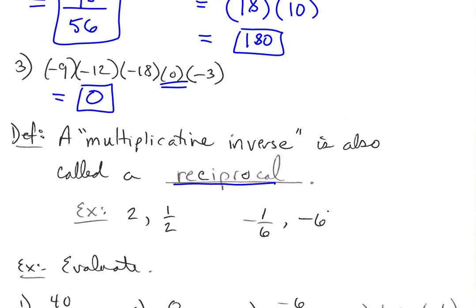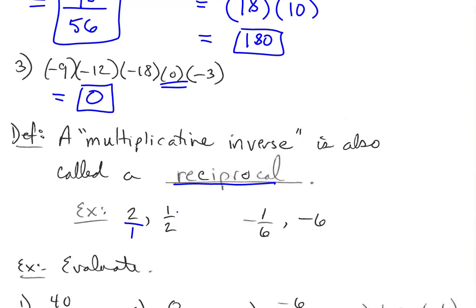So reciprocal, in some sense, means you flip the number upside down. If you look at the example of 2 and 1/2, 2 could be written as 2/1. Any integer or real number could be written over 1. It doesn't change the number. That's just a way to understand a number as a fraction. And if you see it that way, then of course 2/1 and 1/2 would be like flipping the number upside down.